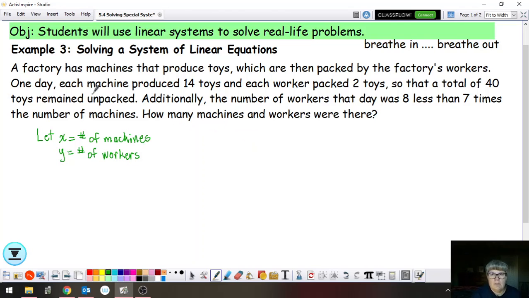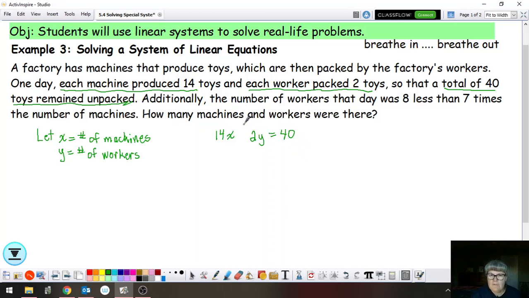From the first sentence we know each machine produced 14 toys, each worker packed 2 toys, and a total of 40 toys remained unpacked. So we have 14 toys per machine, that's 14x, and 2 toys per worker. I'm not going to put a plus just yet. We're going to talk about that in a minute. 14x, 2 toys per worker, for a total of 40 left over.